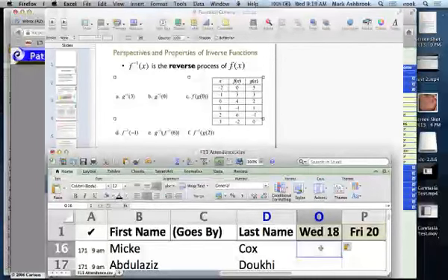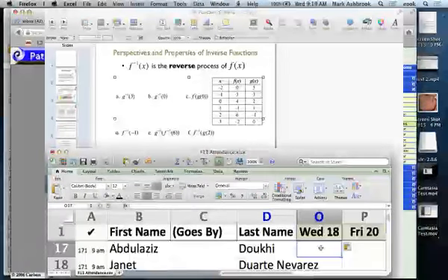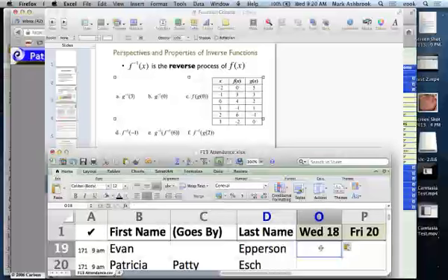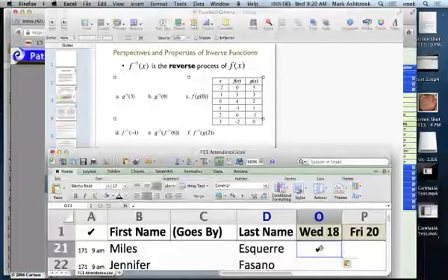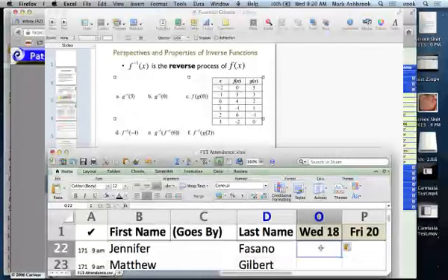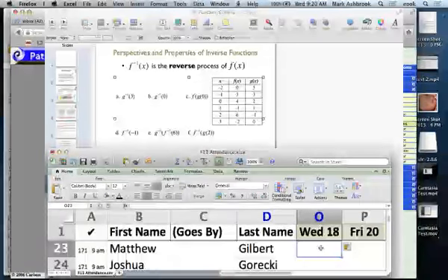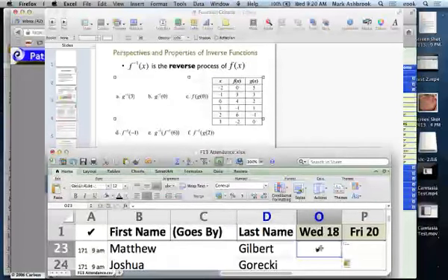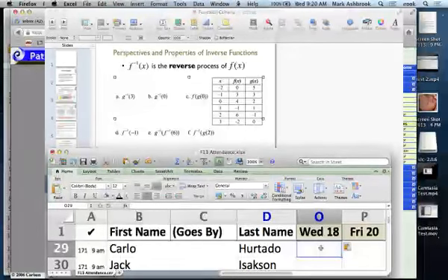Arturo. Mickey. Abdulaziz. Janet. Evan. Patty. Miles. Jennifer. Matthew. Joshua. Matthew. Rachel. Derek. Where's Taz? Brandon. Taz. Carlo.